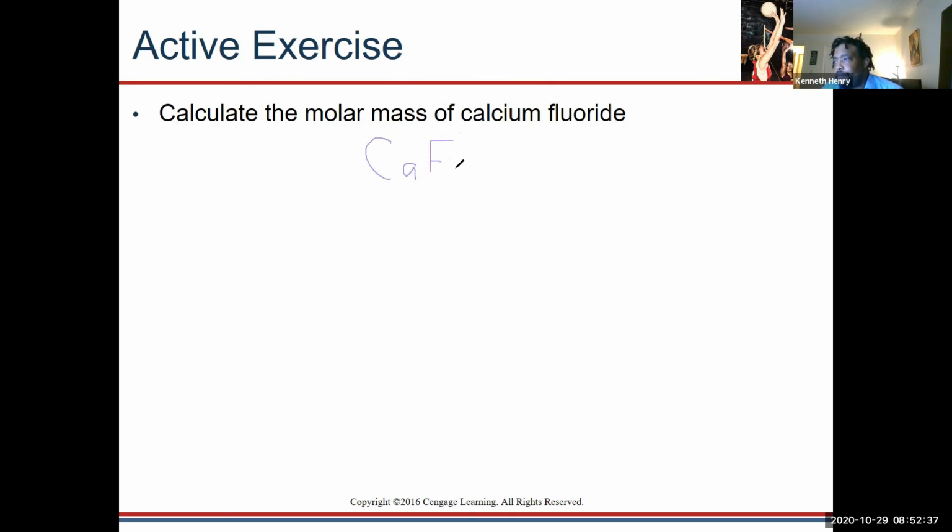CaF2. Jacqueline E., how many calciums do I have in calcium fluoride? One. Okay. How many fluorines do I have in calcium fluoride? 2.